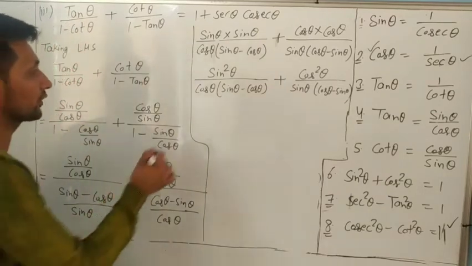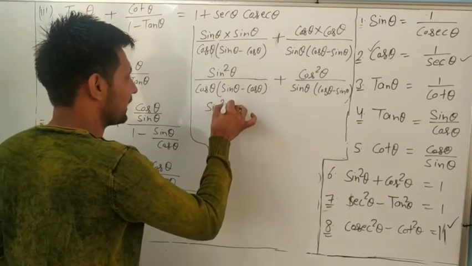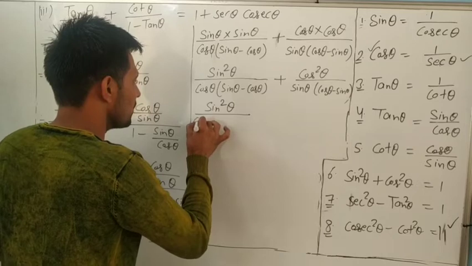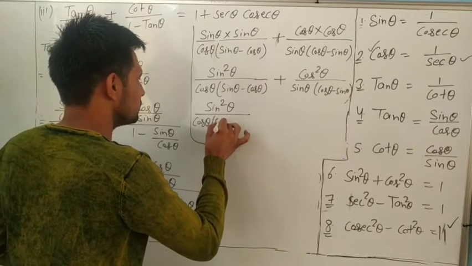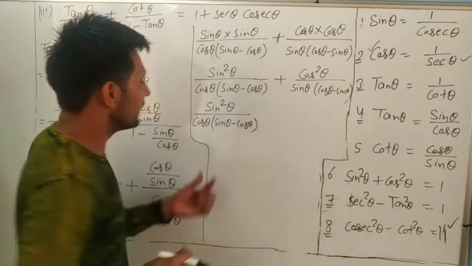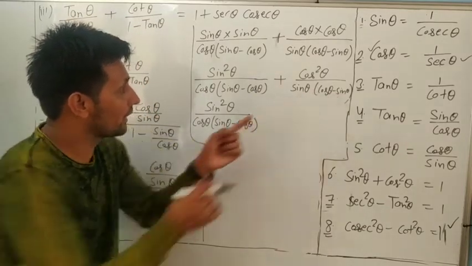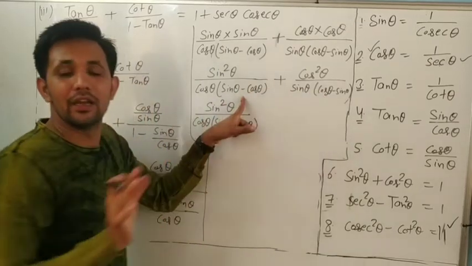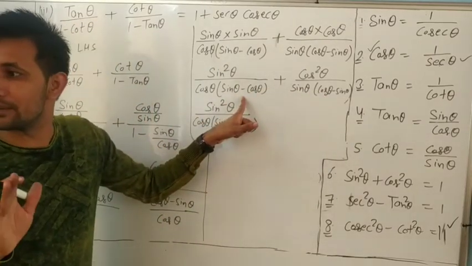What will we take common? Sin square theta upon cos theta into sin theta minus cos theta, because if we convert this one and this one into the same form, it is easy to take the LCM.